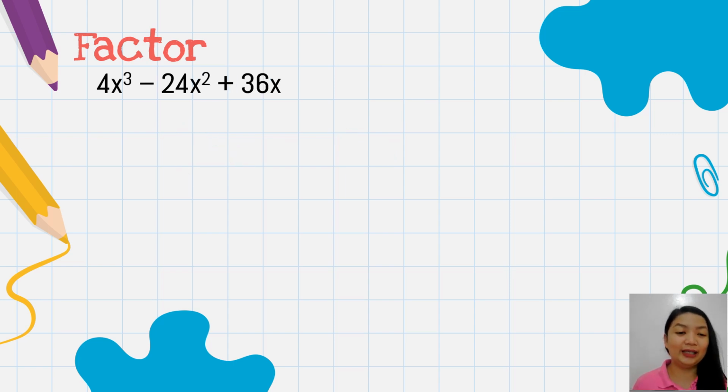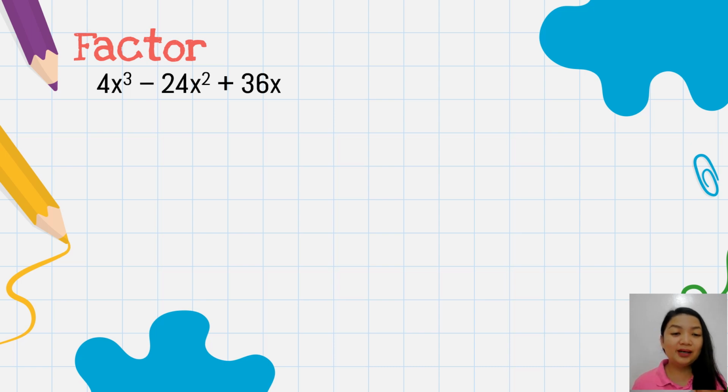How about this one? We have 4x cubed minus 24x squared plus 36x. At first sight, you would not notice that it's a perfect square trinomial, right? The first instruction before you factor is to get the common monomial factor. And what is the common monomial factor in this given?